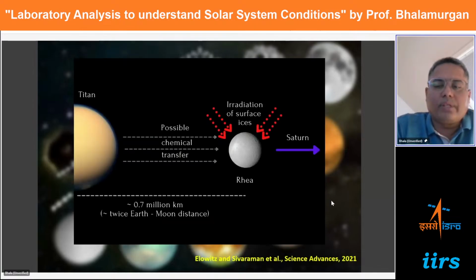Why was I showing that? The surface of Rhea has a molecule which is used in rocket fuel, hydrazine.